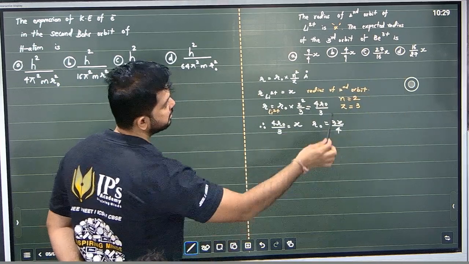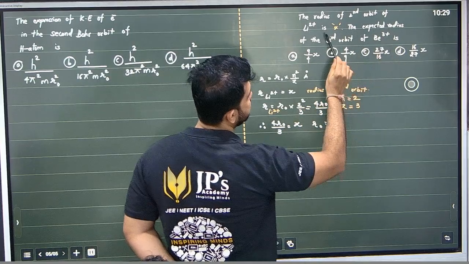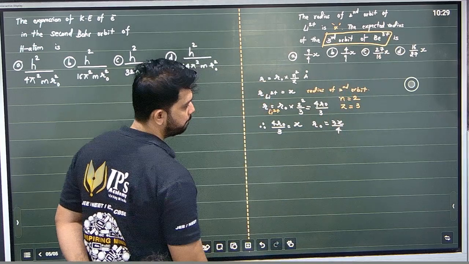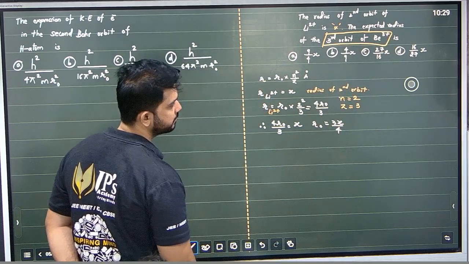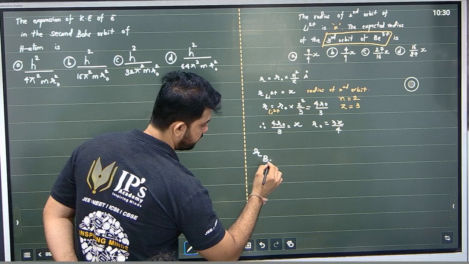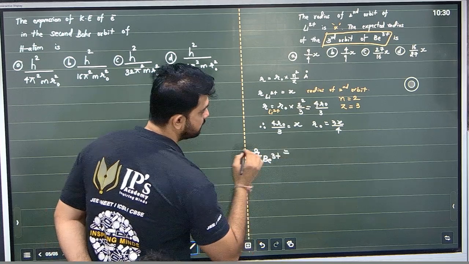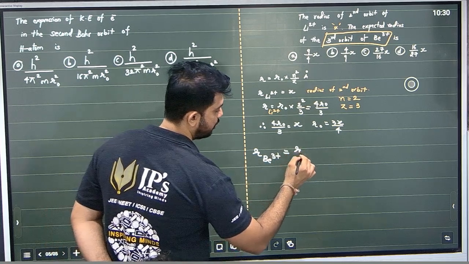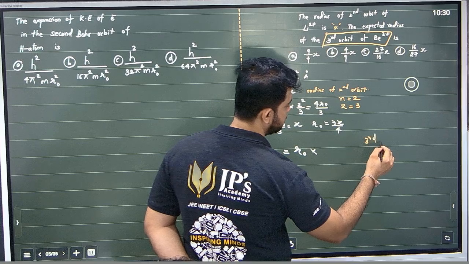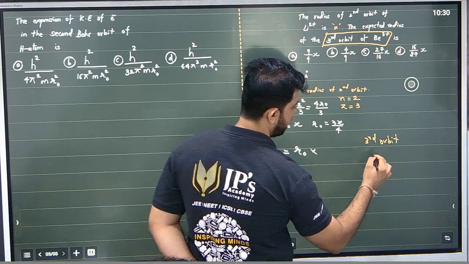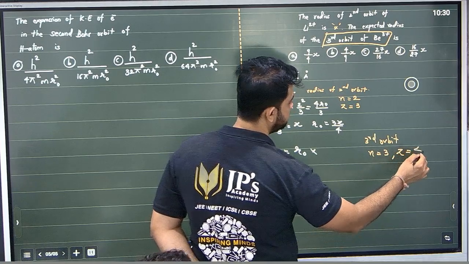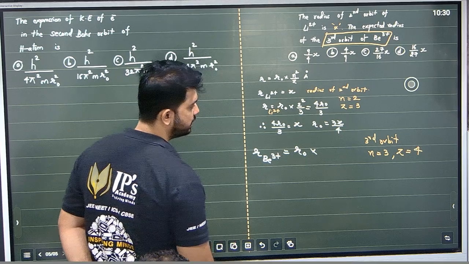Second part. What is the expected radius of the third orbit of beryllium plus 3? Third orbit of beryllium plus 3, what will the formula be? R naught into, since I want third orbit, n will be 3. How much is z for beryllium? 4. Let's put that here. What do we get, people?